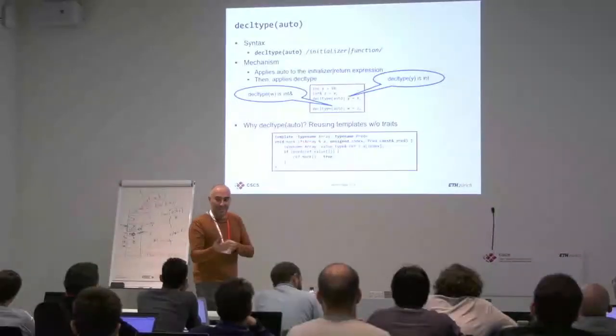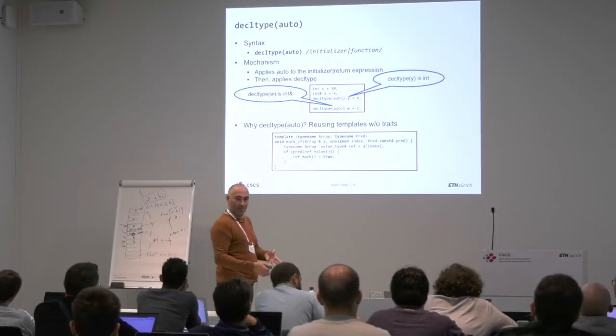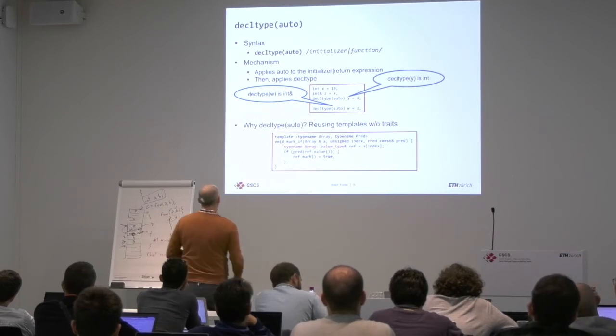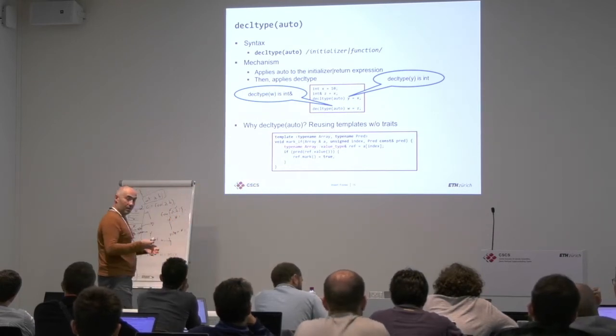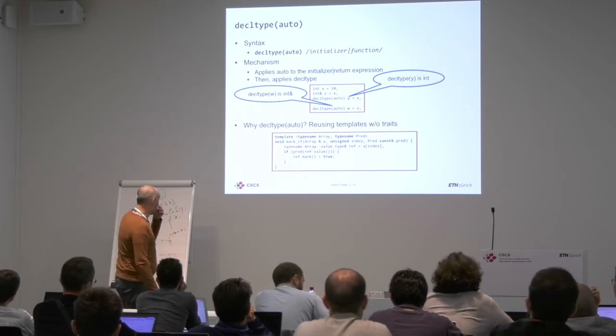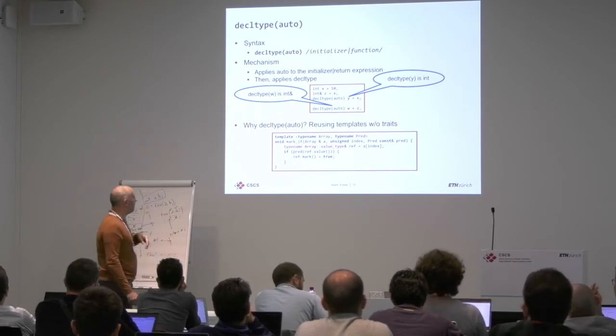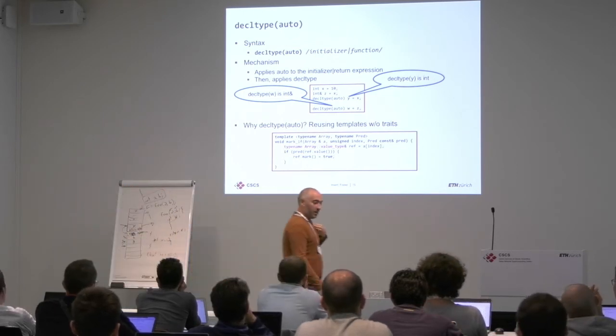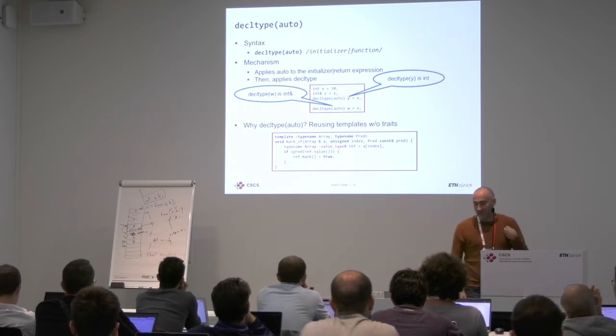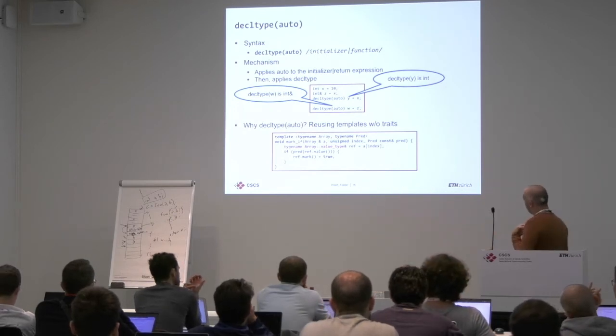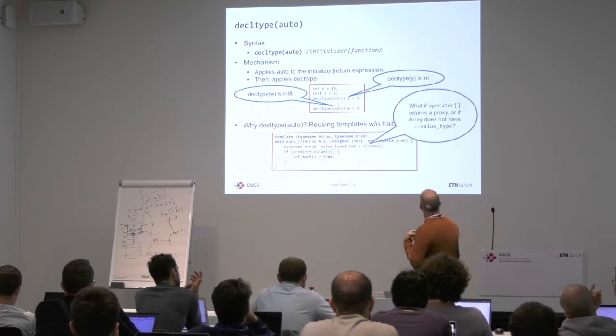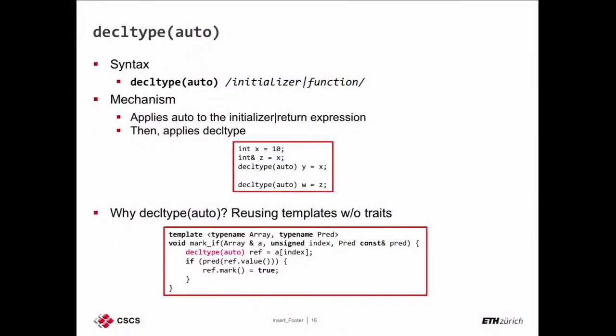But you cannot decide between the reference or plain type. And so decltype auto allows you to distinguish between the two. And why do you want to use this? I think it's not so immediate, but I give you just the final code.